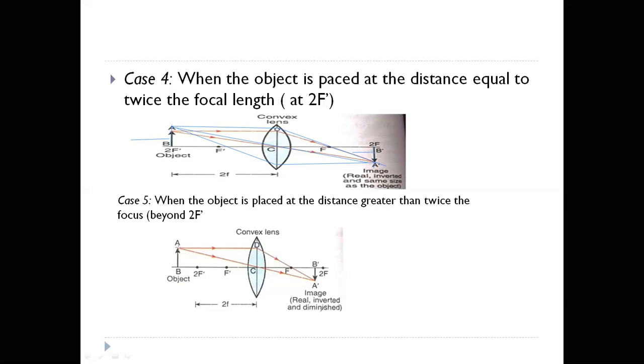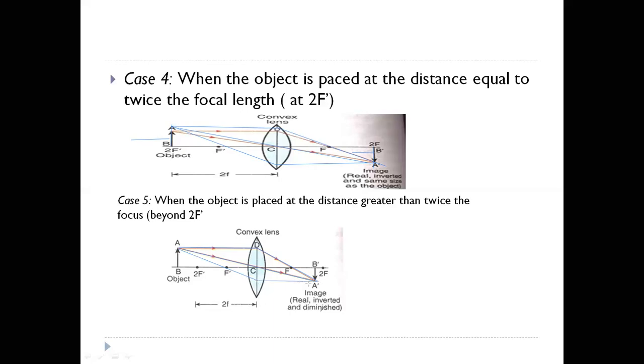The ray which is parallel to the principal axis, after refraction, meets at a point. Second, it's your choice, the ray which passes through the center of curvature or optical center goes straight. Or you can choose this one, the ray which passes through F, after refraction becomes parallel and meets at this point.